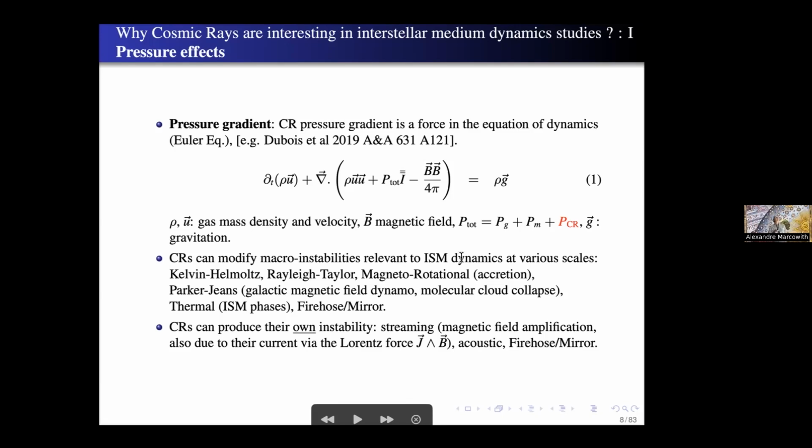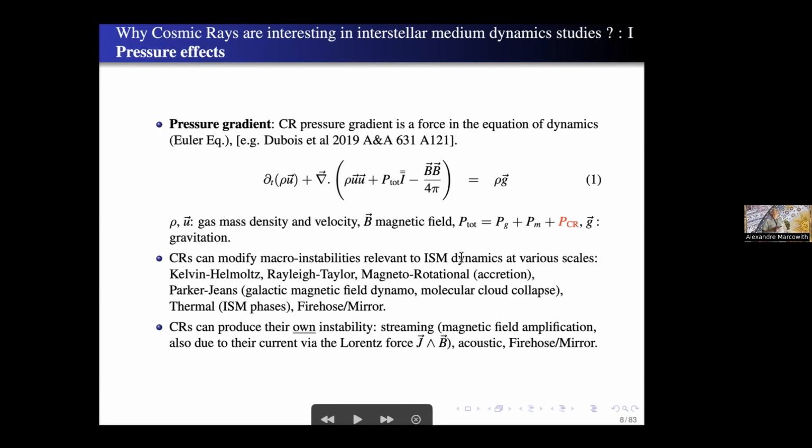And it is in that way that cosmic rays can have some effect on the main instabilities. You have macro instabilities in the ISM, important in the ISM dynamics. I mean Kelvin-Helmholtz, radiative, magnetorotational, Parker-Jeans, thermal, even Field-Rosenbluth. So in my backup slides, I have a couple of references which address this problem for each type of instability, if you are interested.